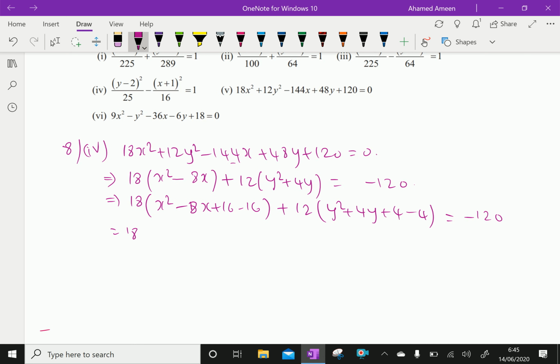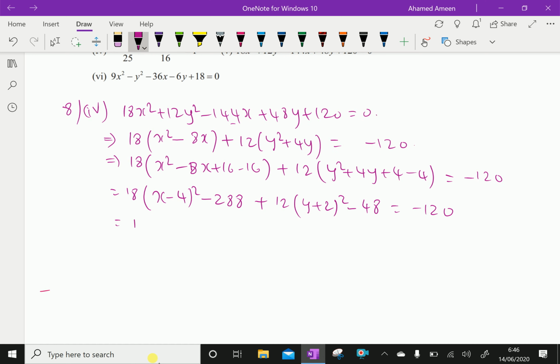Further 18 into x square minus 8x plus 16 we can write as x minus 4 the square, and minus 16 into 18 is minus 288, plus 12 into y square plus 4y plus 4 is y plus 2 the square, and minus 4 into 12 is 48, equal minus 120.